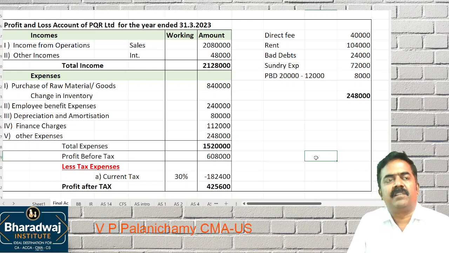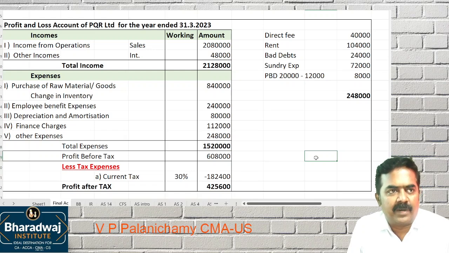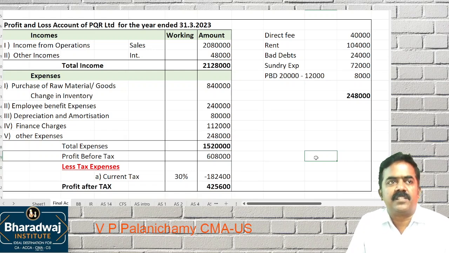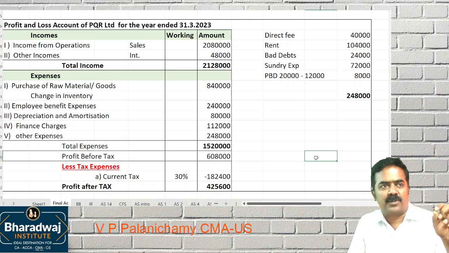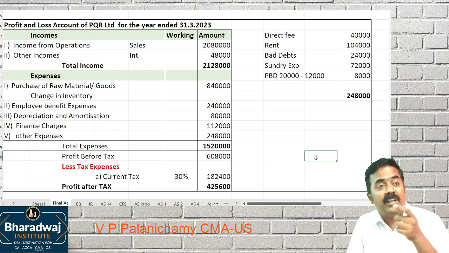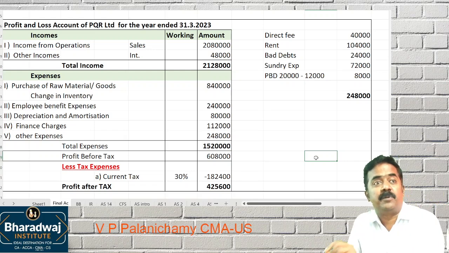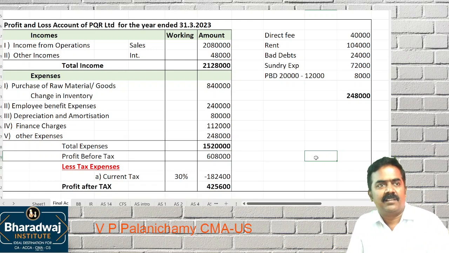Here, are bad debts given within the trial balance or in the adjustment? When bad debts are shown within the trial balance, what is the meaning? They already passed a journal entry. What is the journal entry they would have passed? Bad debts account debited, debtors account credited. That is why the bad debt is appearing in which one? Trial balance. Already it has been adjusted. Only when they tell you in an adjustment that further bad debts of 5 lakhs are to be provided, then that is not recorded.